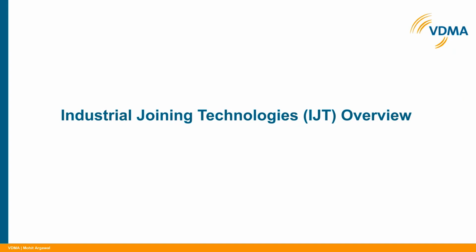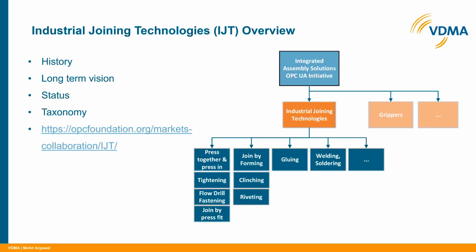Industrial joining technologies, and what is it, and an overview of what type of problem statement it is solving. So a brief history. In 2018 and 2019 timeframe, OPC UA existed for more than a decade.